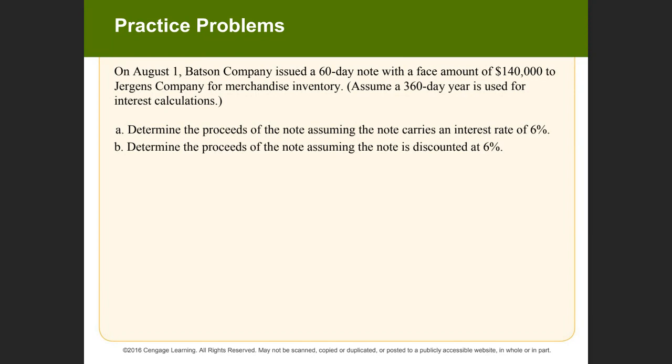So we have this $140,000 note, and in this first one they're saying it has an interest rate of 6%, so what are the proceeds?